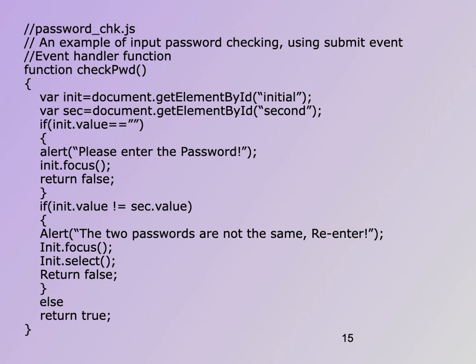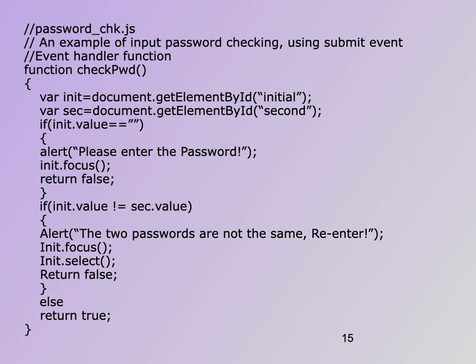Here there is a function in this particular example. It's a JavaScript file, password_chk.js, that is the name of the file. You can save it with any name with the extension .js. This is an example of input password checking using the submit event by using an event handler function. In our JavaScript function, the function name is check password, chkpwd.